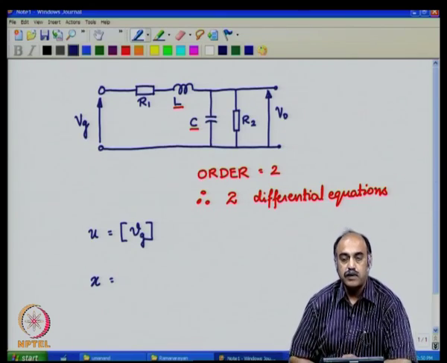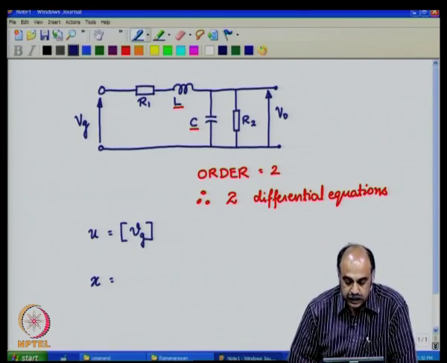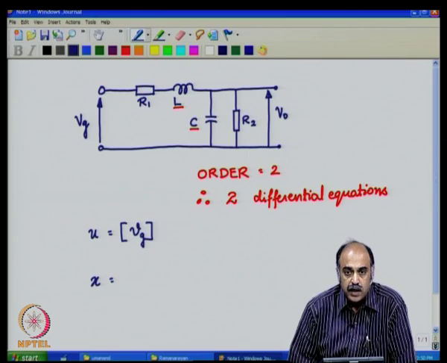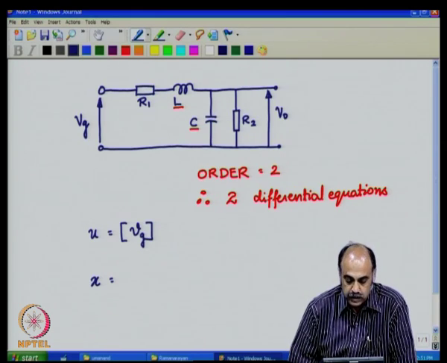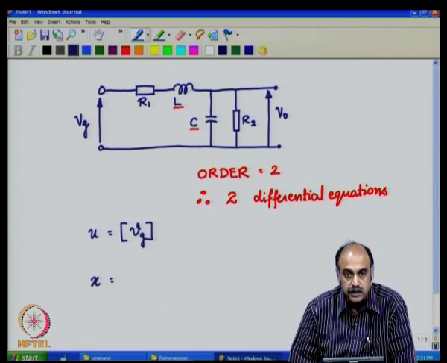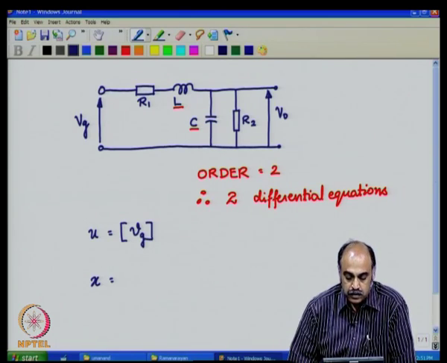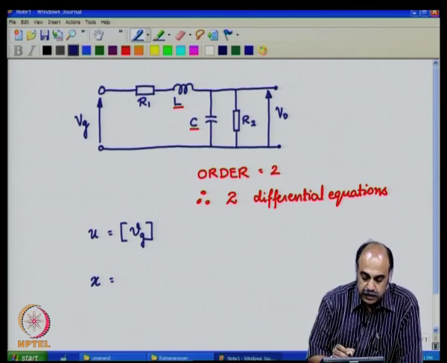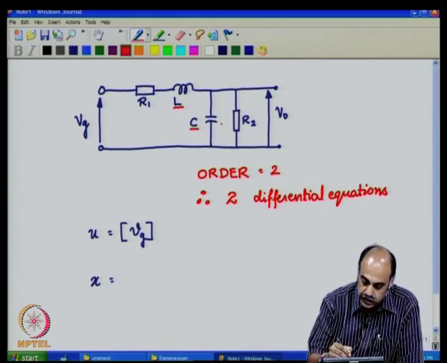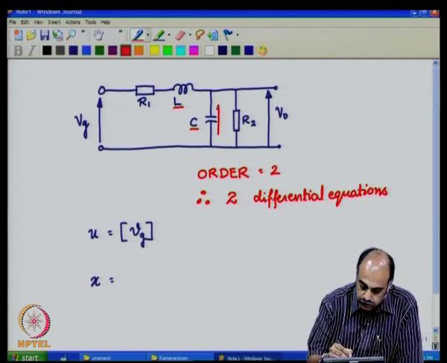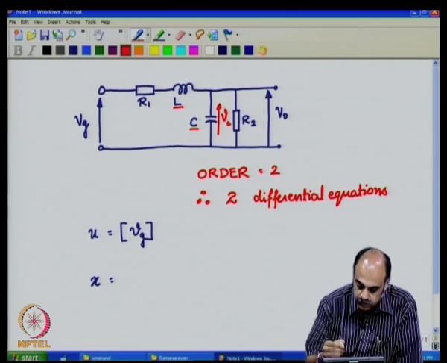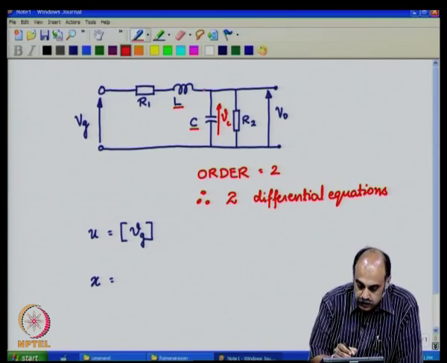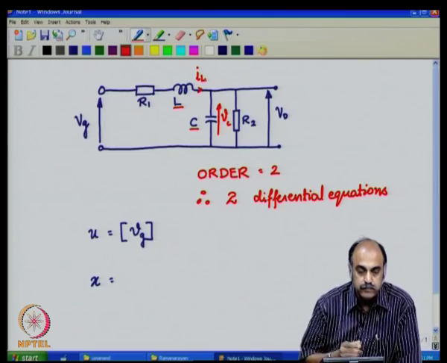States of the system are nothing but the outputs of the integrators, and in this case we have two. One is with respect to the inductor, another with respect to the capacitor. The energy variable with respect to the capacitor is the voltage across the capacitor, Vc, and the energy variable with respect to the inductor is the current through the inductor IL.